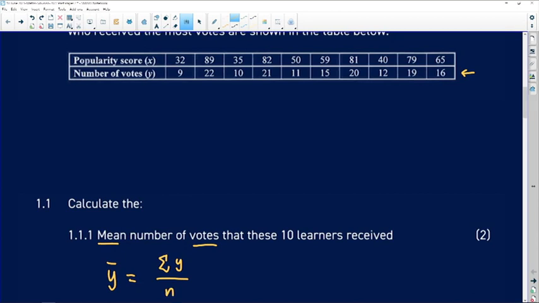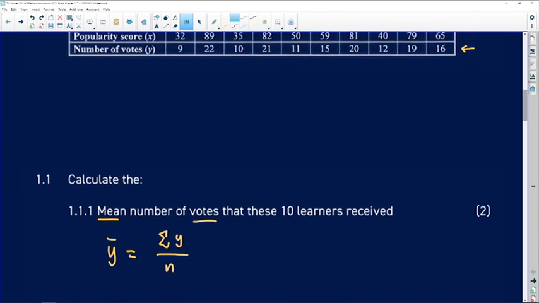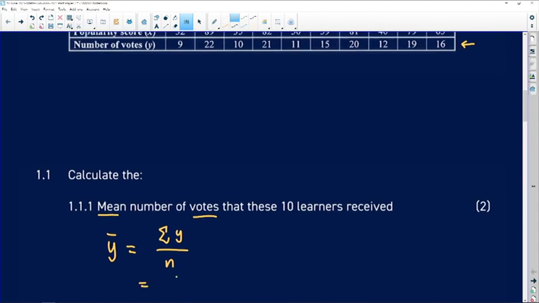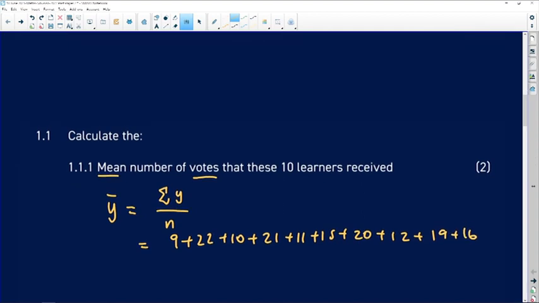It turns out that it's not complicated to add up all those things. I think you will agree with me. We're going to have 9. We're going to add 9 with 22. We're going to add 10. And then we're going to add 21. We add 11. We add 15, 20. We add 12, we add 19, we add 16. It's just the sum of all of them and divide by how many they are.